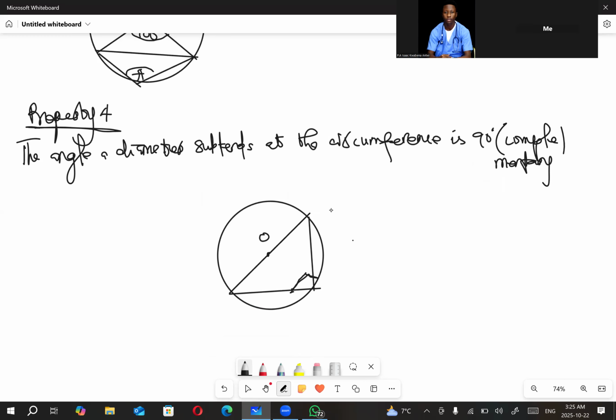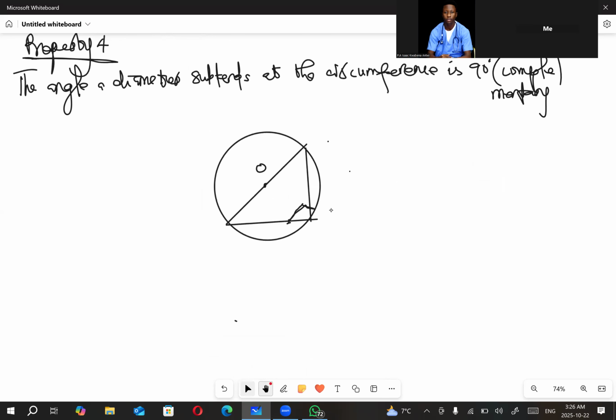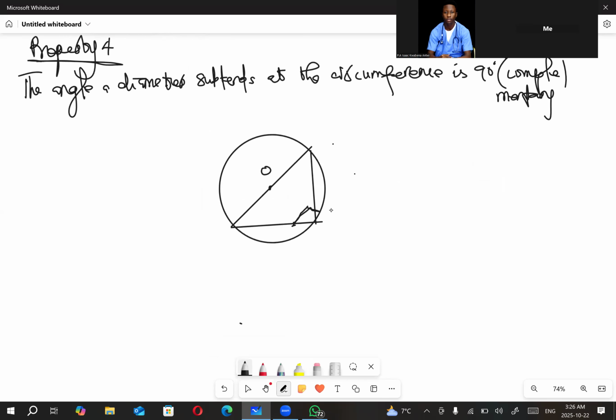You can be asking, so what's the usefulness of this? Going forward, do you recall that we have a triangle called a right angle triangle, right?